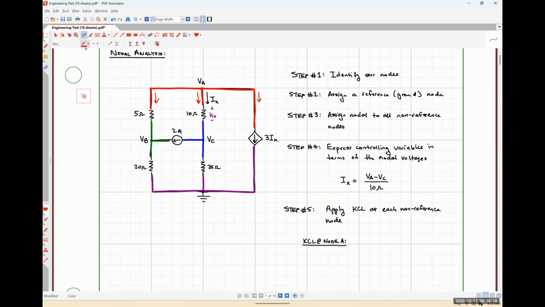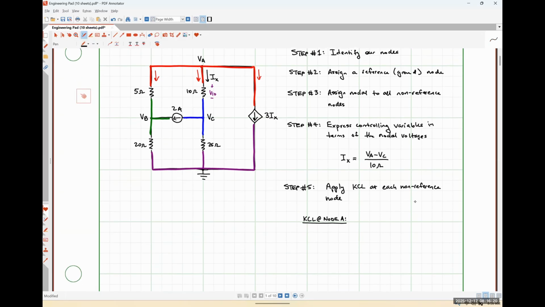So applying KCL at this top node VA, what's the current that's flowing down through the 5 ohm resistor going to be based on the methodology that we've established? So VA minus VB over 5 ohms, okay? What's the current flowing down through the 10 ohm resistor?